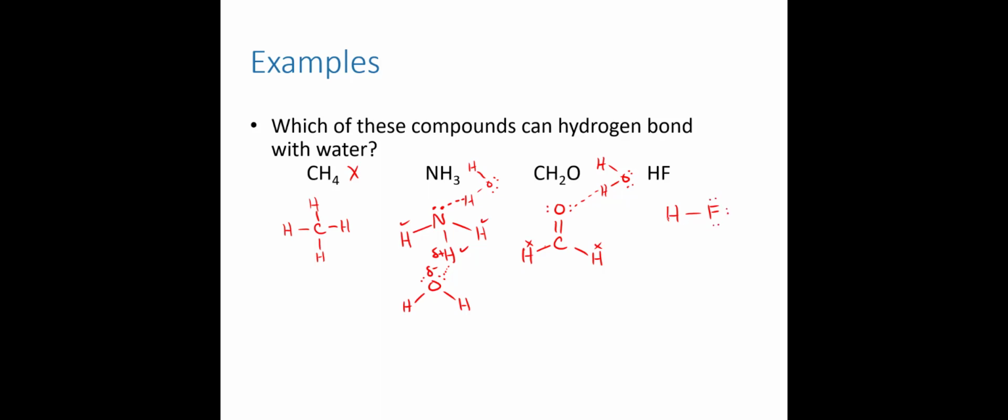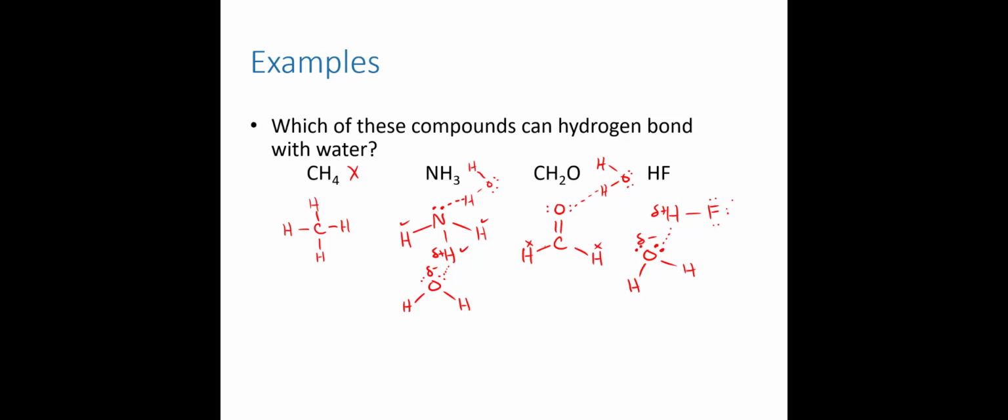Meaning, first we have a hydrogen on the phone, hydrogen bonded to F. So that means this hydrogen would be very partially positive, and it would certainly be very attracted to the lone pairs of a water molecule, which are partially negative.